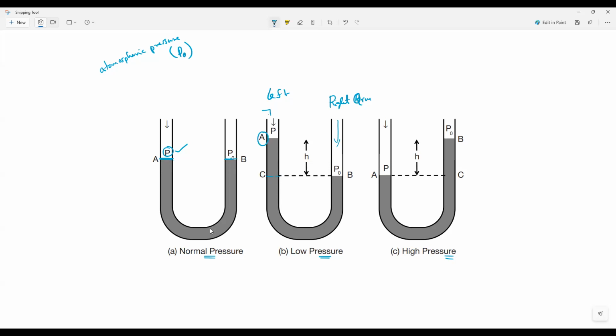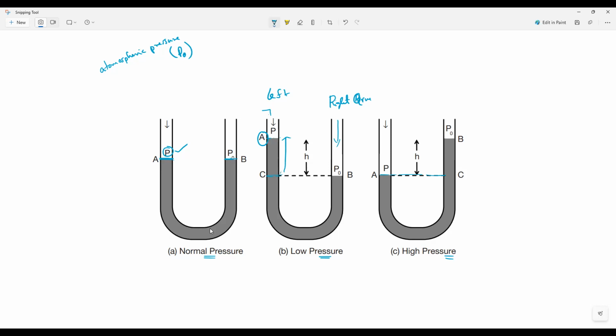The pressure of the gas enclosed in the container, level A, is basically equal to the atmospheric pressure. But when the level of the liquid in the left arm is above the level of the liquid in the right arm, you can see the pressure of the gas in the container is less than the atmospheric pressure.